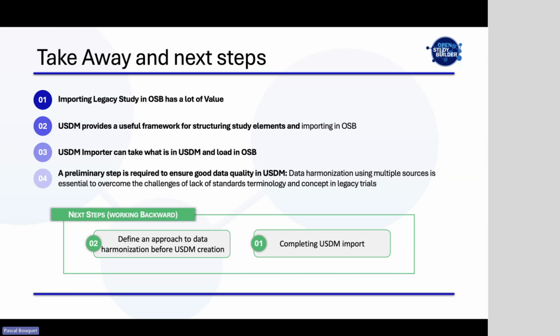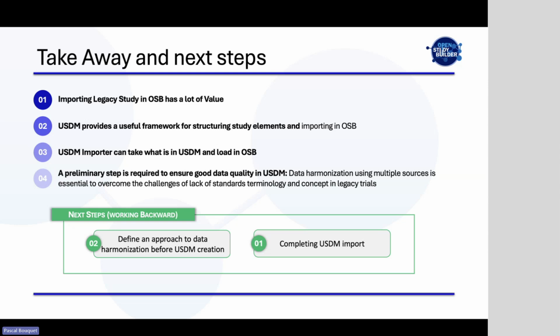They are not ICH M11 compliant, and the level of standard was not the same. So we see really that there is a need, if we want to pursue this route and be able to ingest legacy studies, at the same time to start to work on data harmonization using multiple sources. We started with clinicaltrials.gov, but you don't have everything in clinicaltrials.gov.